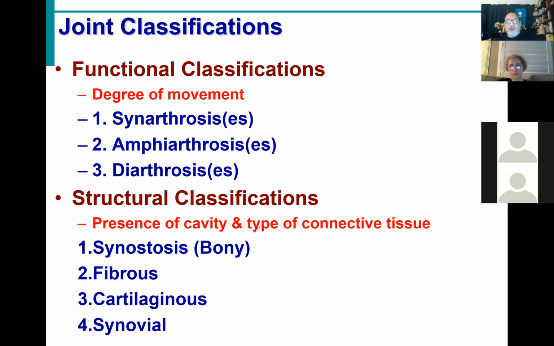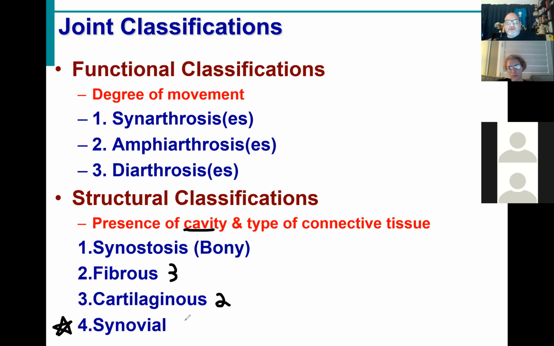Structural classifications are primarily the type of connective tissue that holds the bones together, but because of this 4th type, we also can throw in whether or not there is a cavity present as part of that definition. And remember, some of these are fibrous, which has 3 specific types. Our cartilaginous has 2 specific types.